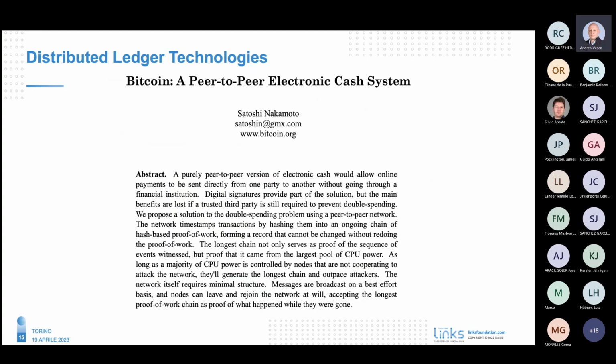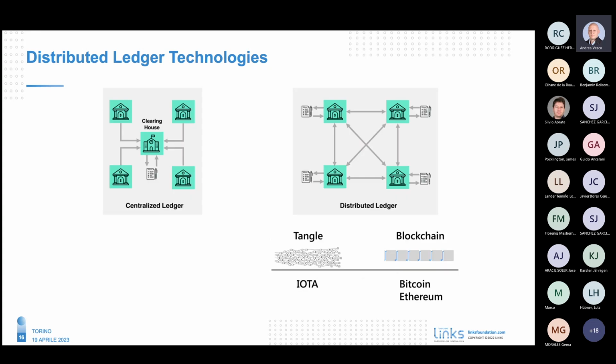The first solution to this very interesting problem was made by Satoshi Nakamoto, who, as you all know, was the father of the first Bitcoin network, one of the possible digital distributed ledger technologies that we can use at the core of this self-sovereign identity solution.